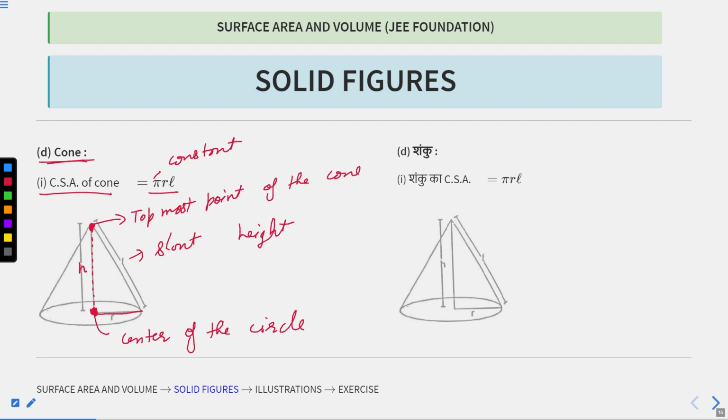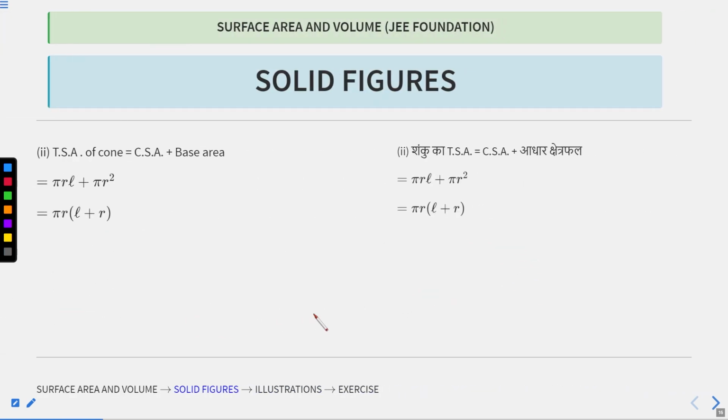So the length between these two points is h, and there is a relationship between l, h and r. Because we know it is 90 degrees, using Pythagoras we have l square equals r square plus h square. I hope this is also clear.